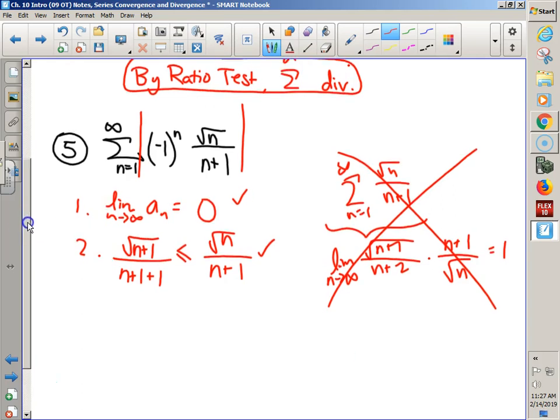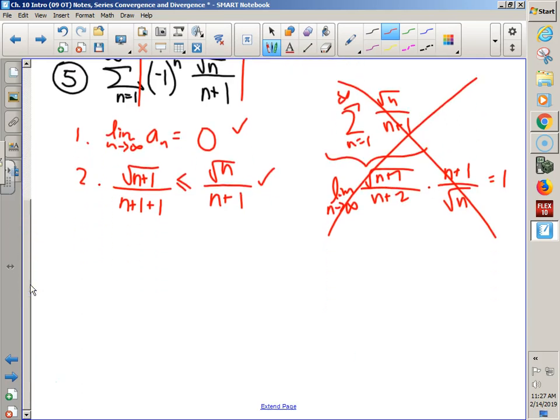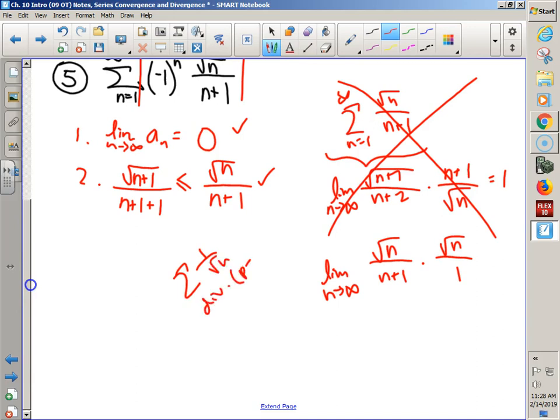Okay, hold on. Did you guys know what I was saying when I said the overall degree of the numerator and denominator is like a 1 over rad n? Because we're trying to compare this guy. Why would I compare him to 1 over rad n? By the way, doesn't 1 over rad n diverge as a p-series? P equals 1/2, which is not greater than 1.